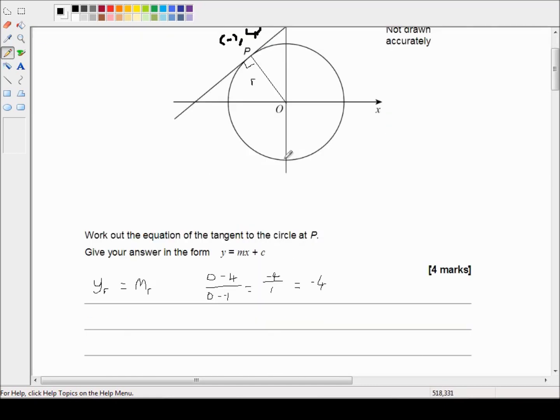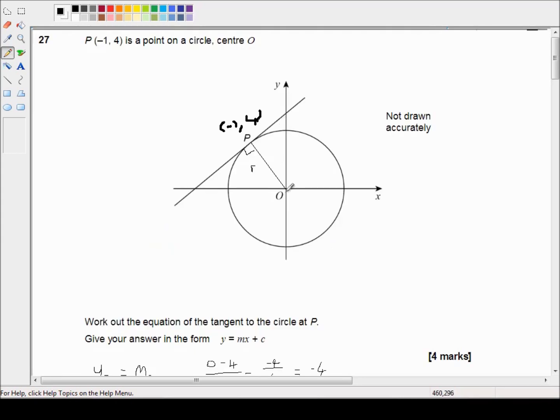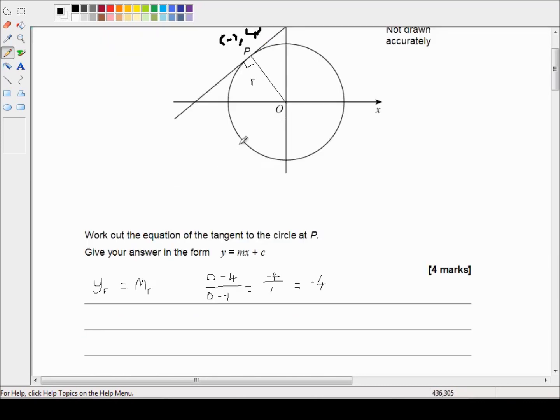Okay, now we know that the slope of the radius is negative 4, and it meets the tangent line at 90 degrees. And where two lines are perpendicular, that is to say where they meet at 90 degrees, the product of the two slopes is negative 1.